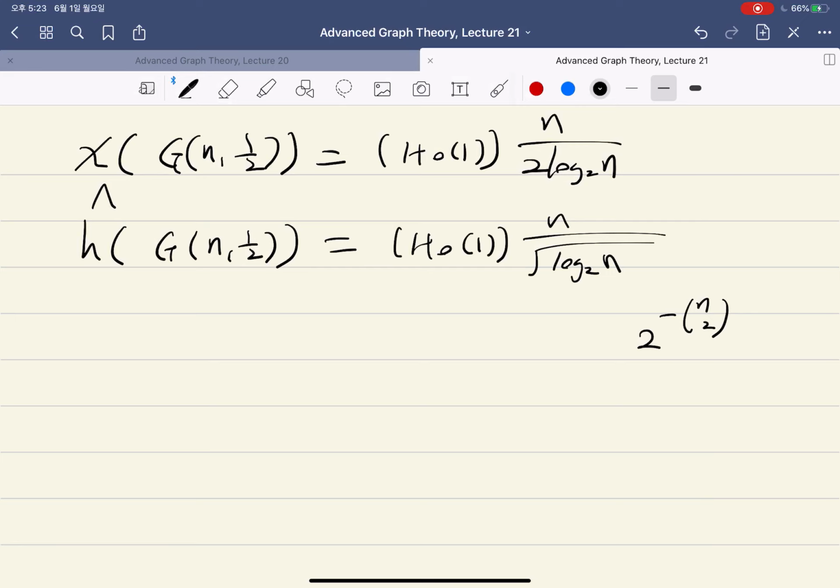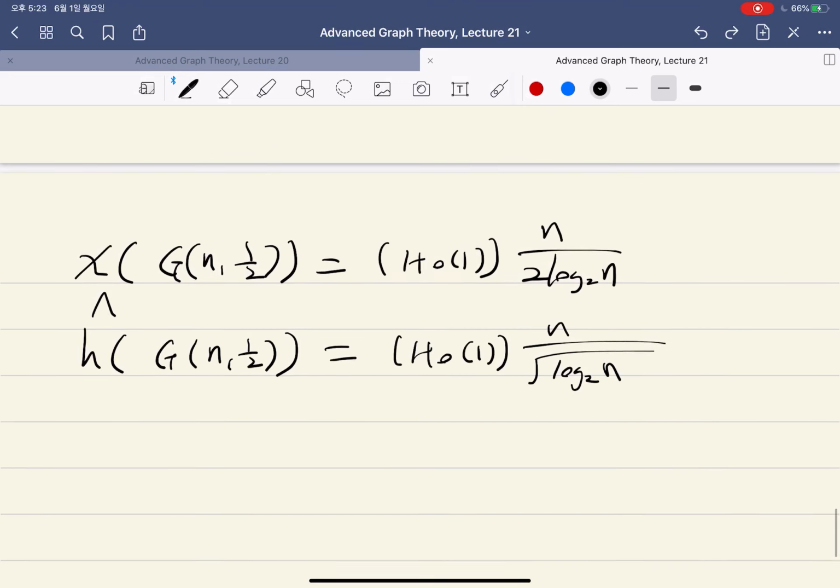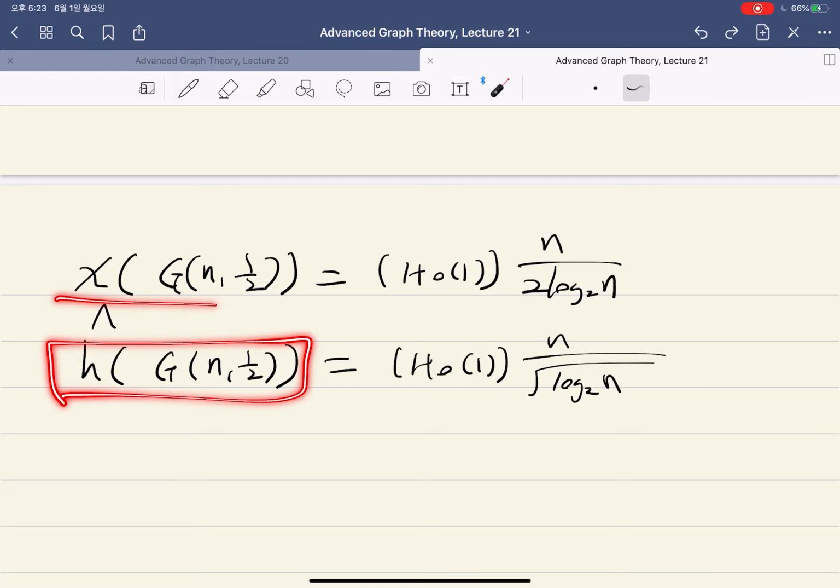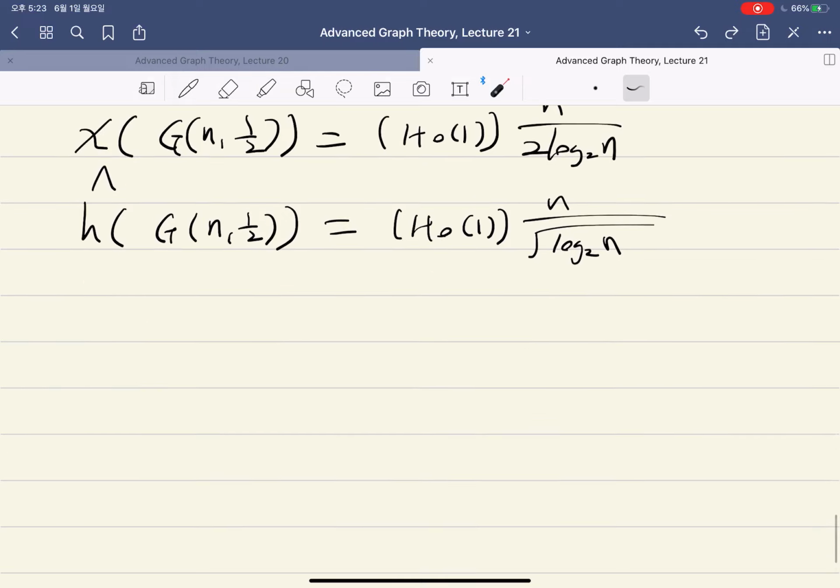So every one of the 2^{n choose 2} labeled graphs is picked uniformly at random from this binomial random graph model. So if you choose a graph at random, then with high probability its Hadwiger number is strictly bigger than its chromatic number.